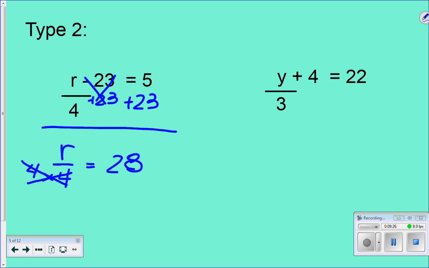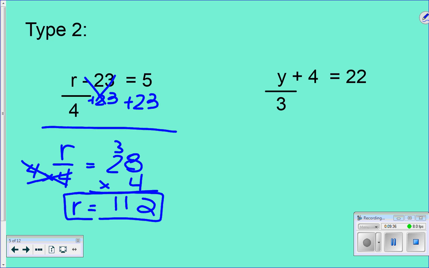But I've got to do it on the other side. So r equals 92. Okay? Now you see it? There was one on the homework and I missed it. I did not show you an example of one like this. There was one a little bit like this.